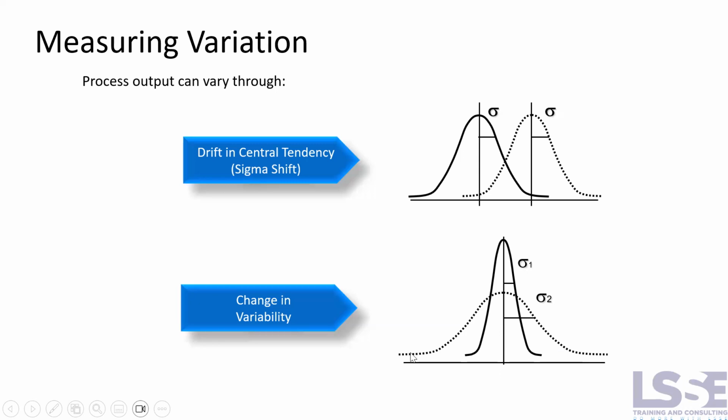If you have very high variation, your curve will be a little bit flatter, like the one shown with the dotted lines. So this chart shows you how a process output can vary through time. In higher belts, there are ways to address process shifts like this.